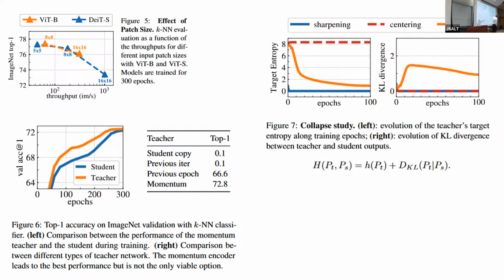When you do only sharpening, you will collapse into everything being just one class, let's say. And when you do only centering, then you will collapse to random decisions. So you have to really weight them so that you get your result.